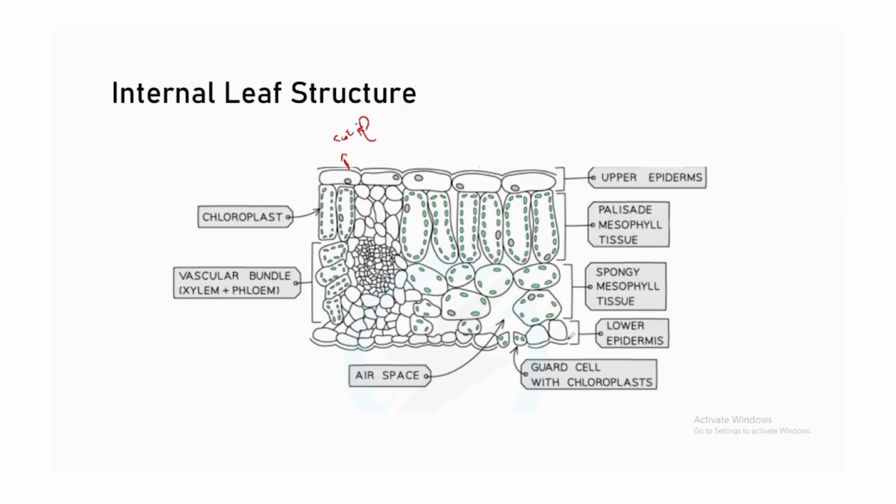This is the lower epidermis, and this one is the upper epidermis. These are the guard cells, and these spaces are known as stomata. These empty spaces are known as air spaces. And this bundle, which contains xylem and phloem, is known as the vascular bundle, which helps in transportation.